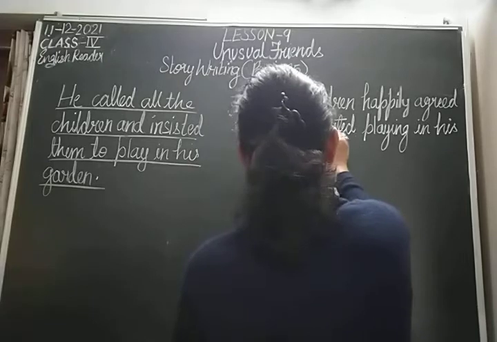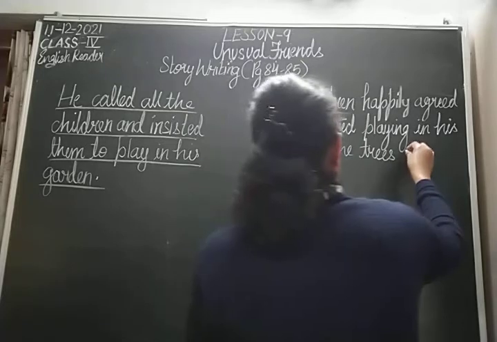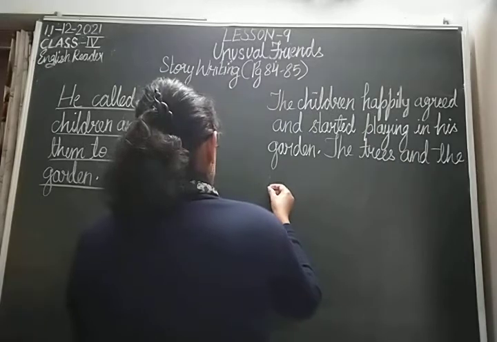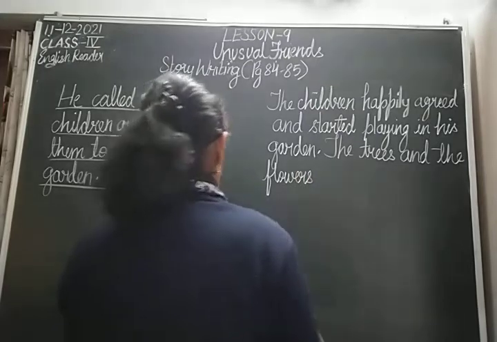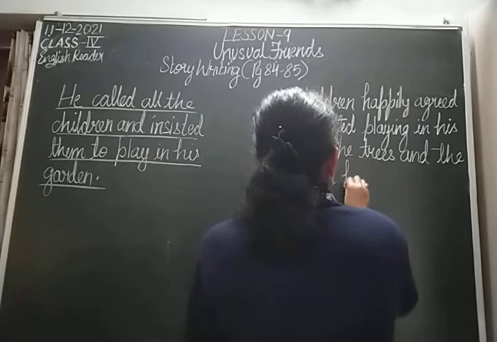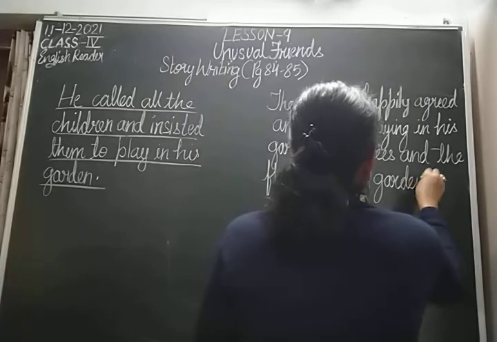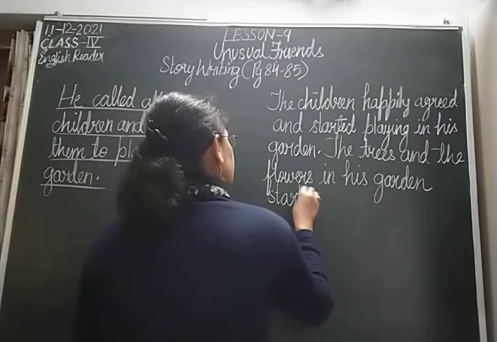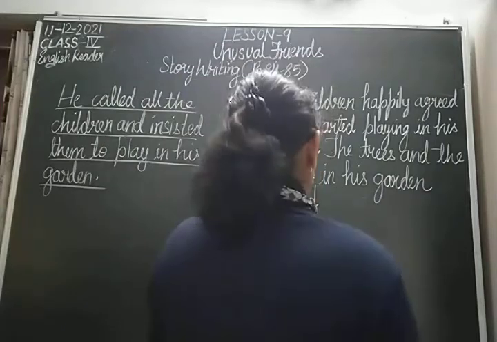अब जब बच्चे खेलने लग गए तो क्या हुआ? The trees and the flowers in his garden started blooming too. फिर जो उसके गार्डन में ट्रीज और प्लांट्स जो सूख रहे थे वो वापस ब्लूम करने लग गए.